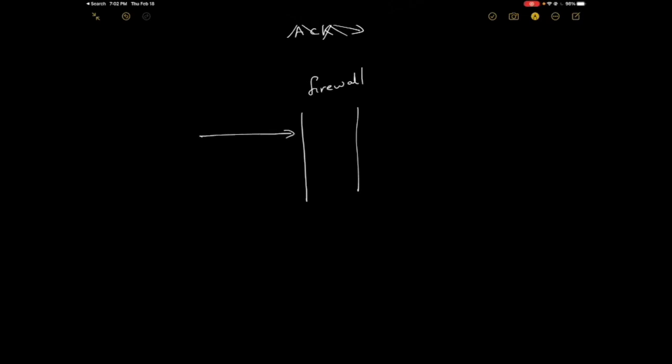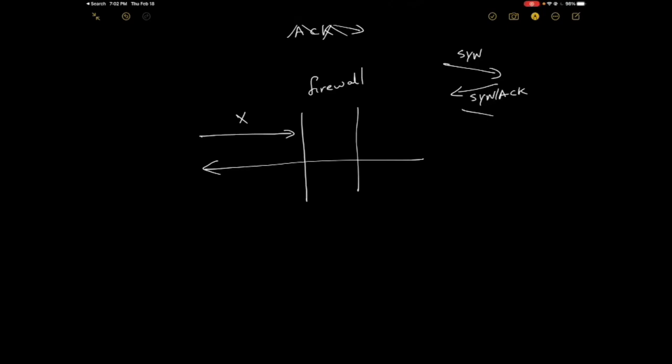We also talked about this notion that some firewalls block incoming connections, but allow outgoing connections. So could we in some way circumvent the firewall? If we're looking at an incoming connection, it's going to start with a SYN, and then it's going to have a SYN-ACK associated with it.